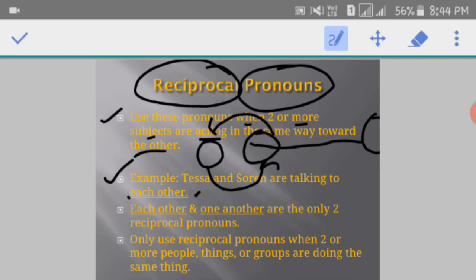If a pronoun is used in this type of condition, it is called a reciprocal pronoun. Each other and one another are the only reciprocal pronouns in English. Only two: each other and one another.